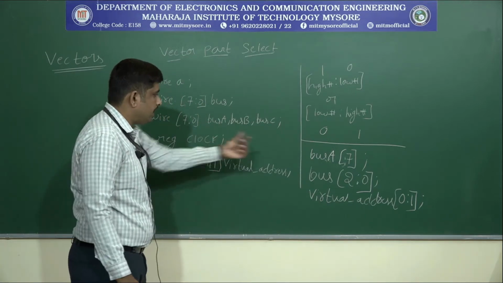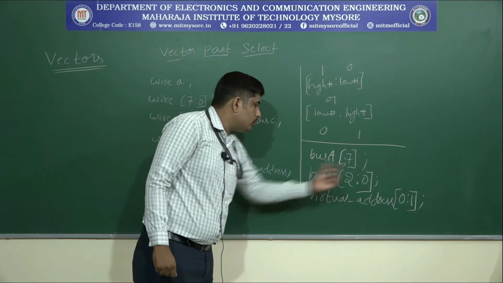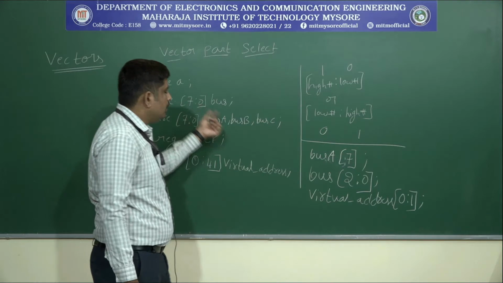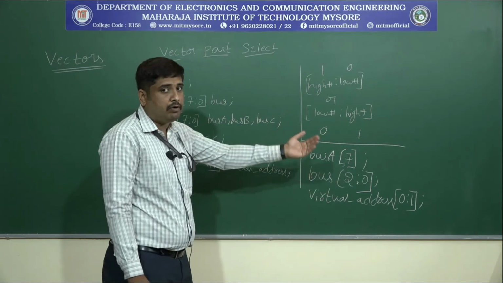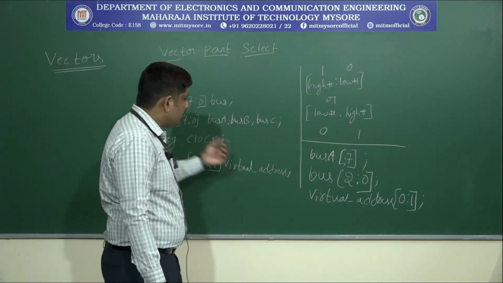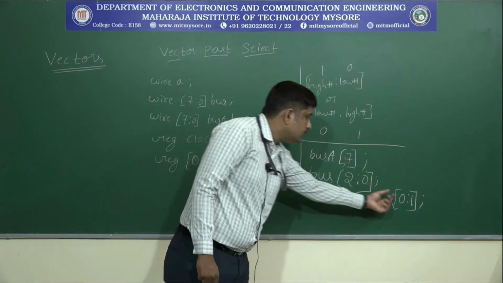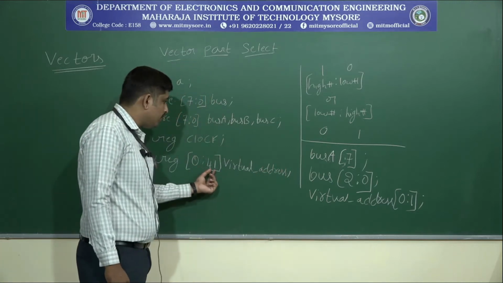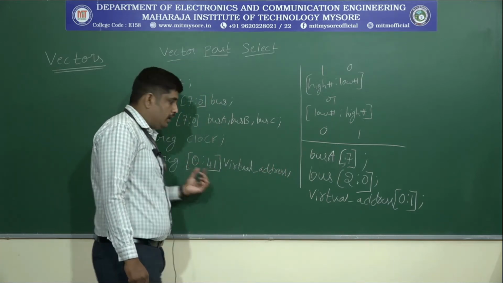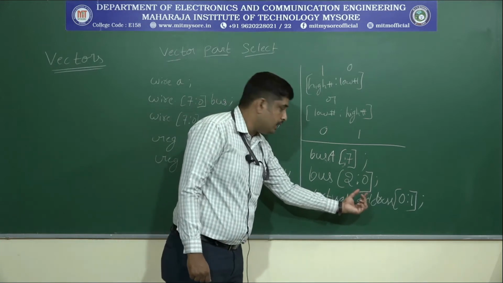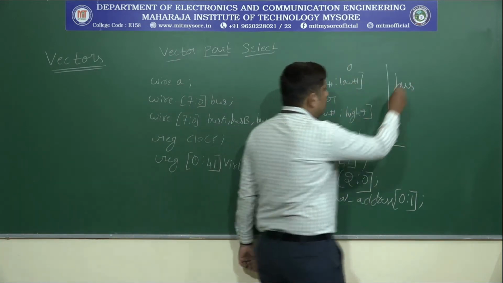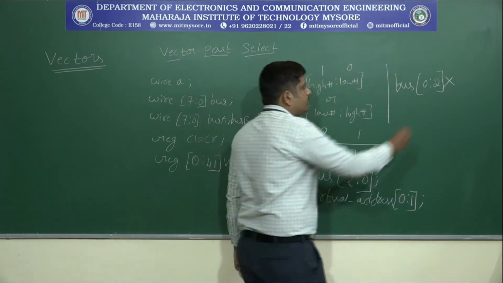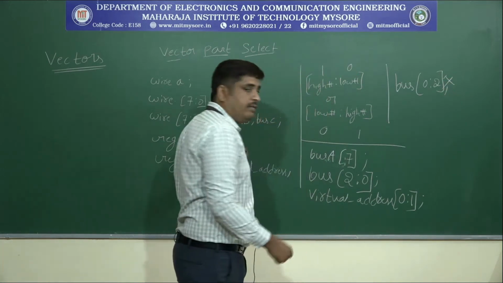With respect to this example, let us continue: bus [2:0]. Here the bus is declared as [7:0], so [2:0] indicates that we have to select the LSBs here. The next example is virtual_address [0:1], where the range is 0 to 41. So 0 is the MSB, so here we have to select the MSB address. For the variable vector part, you have to write 0 to 2. That is a continuation of the previous example.